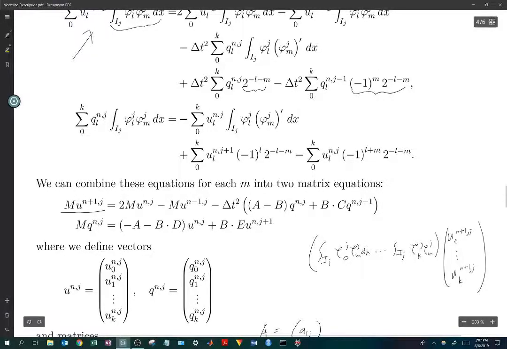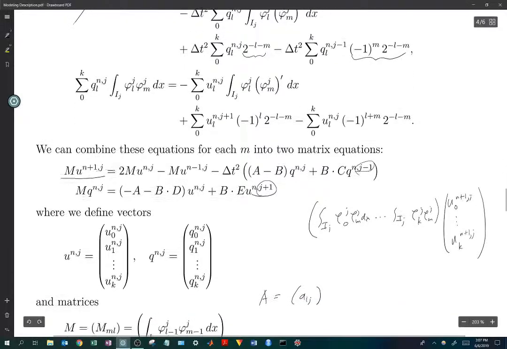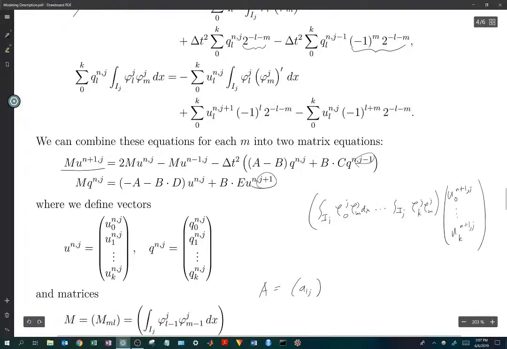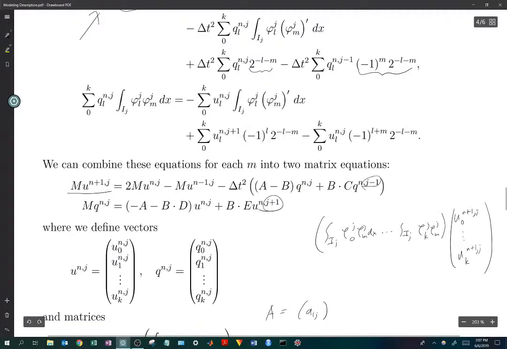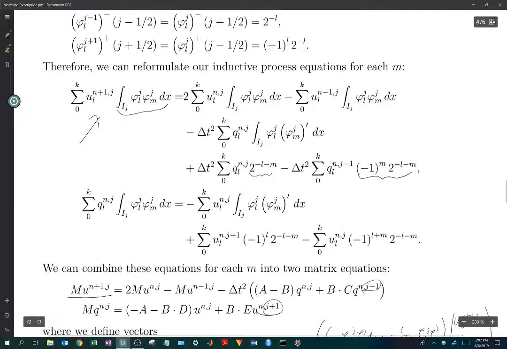Now we still have this j minus 1 here and this j plus 1. Oh, and by the way, you see these dot products here? That's element-wise. So if you see, like up here, we've got this minus dt, then we've got q^n_{j-1}. We've got minus 1 to the m times 2 to the minus l minus m. That's why we multiply by b and c here.